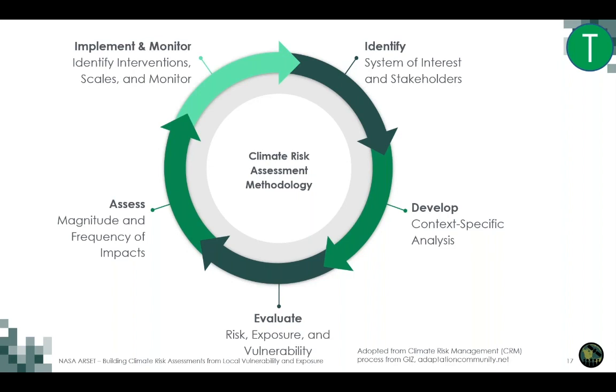The final phase is to identify specific interventions, the scales at which interventions may be implemented, and then to monitor the overall set of implementations and to see how well they are progressing against their own design criteria and the climate changes that are occurring.